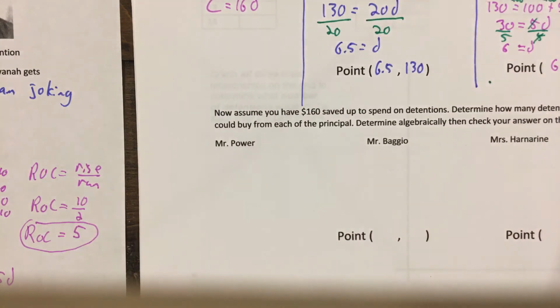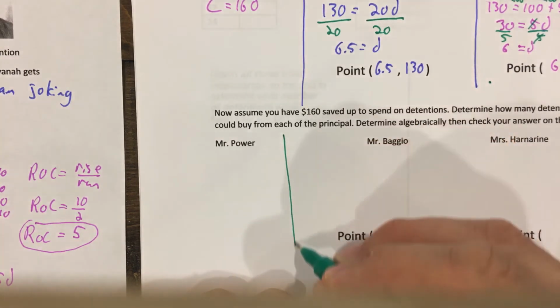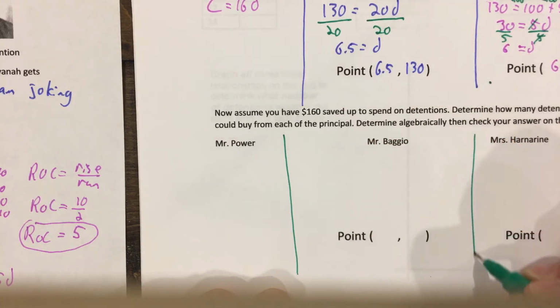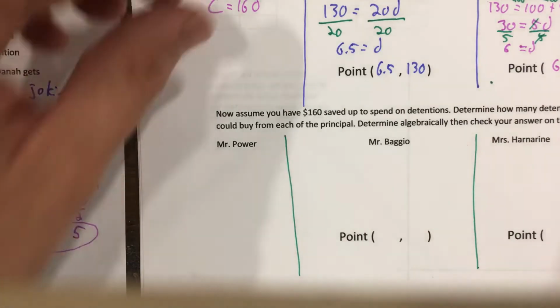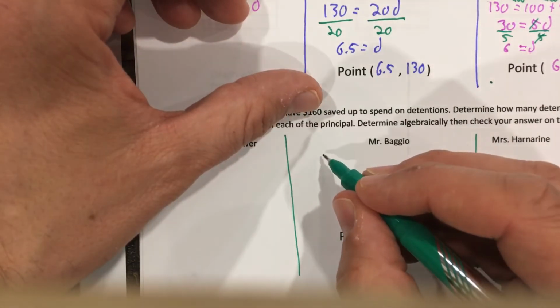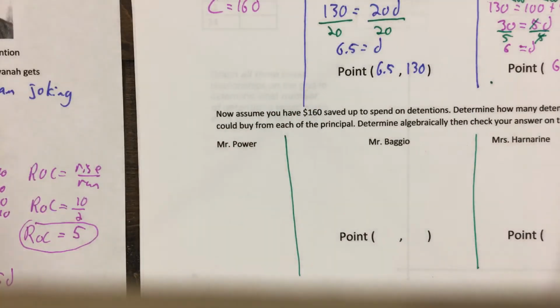Okay, so the next one. Let's say you saved up $160 now, and you want to spend that on detentions. So let's take a look at this. Again, we have cost. Mr. Baggio is in orange.